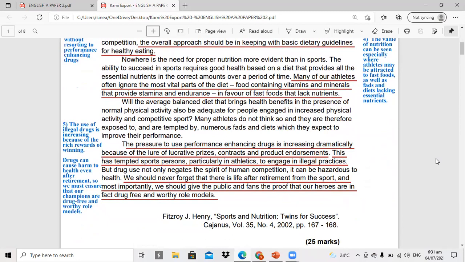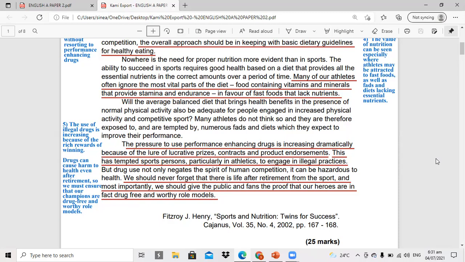So what they're saying is that our athletes tend to prefer fast food over healthy food, right? That is the basis of it. But what we are to really interpret this as is the value of nutrition can be seen, especially where athletes may be attracted to.